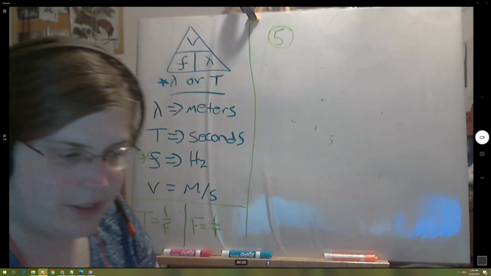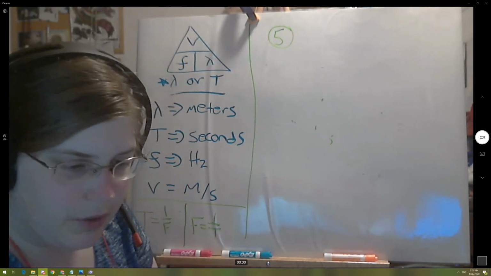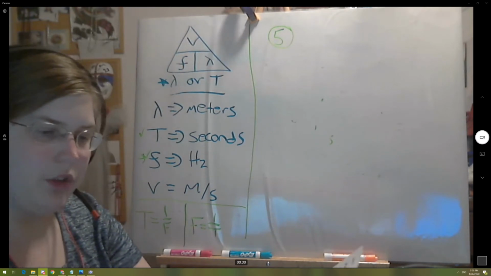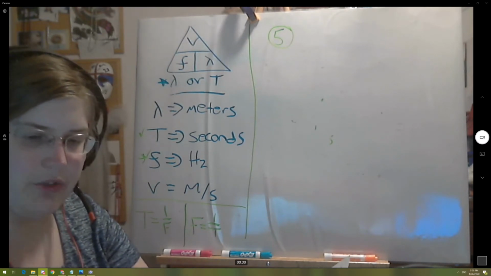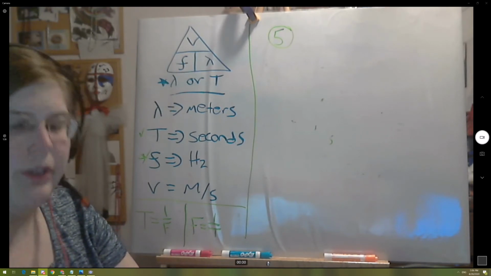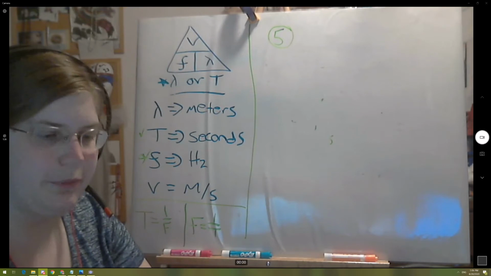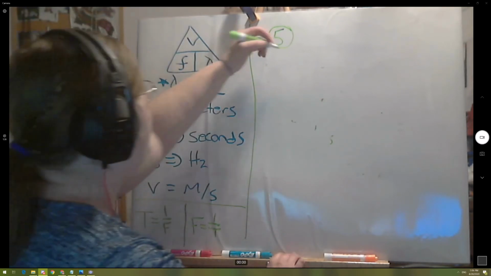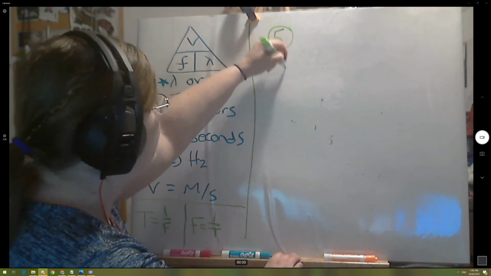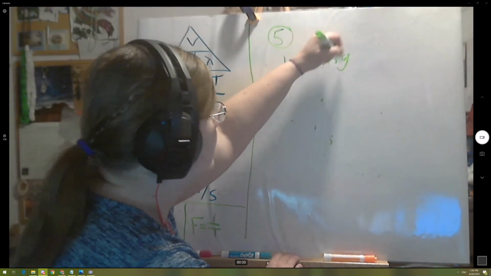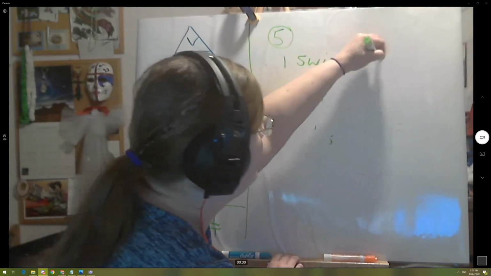Number 5 states you want to describe the harmonic motion of a swing. You find out that it takes 2 seconds for the swing to complete 1 cycle. What is the swing's period and frequency? So it gives us that 1 whole swing takes 2 seconds.